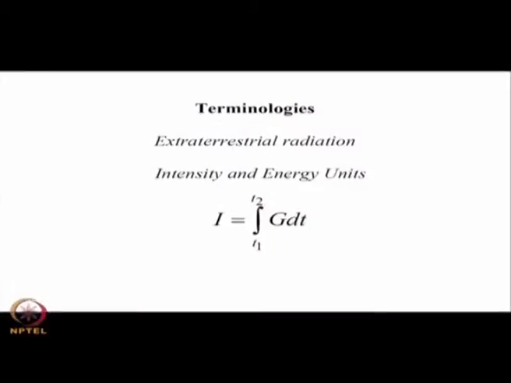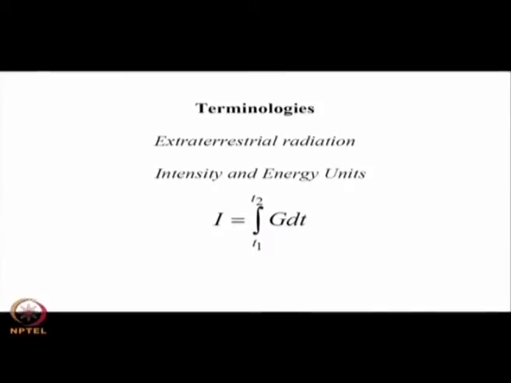Mathematically you have certain problems, and then orientation wise you will have certain problems, and most of the algorithms that are in general written for 23 to 66 degrees of latitude do not work at lower latitudes and at higher latitudes. First thing is extraterrestrial radiation, intensity and energy units.